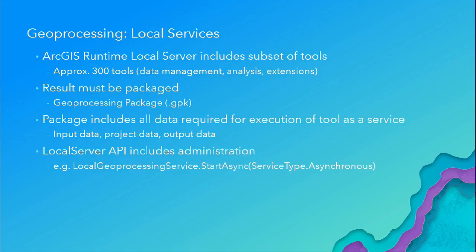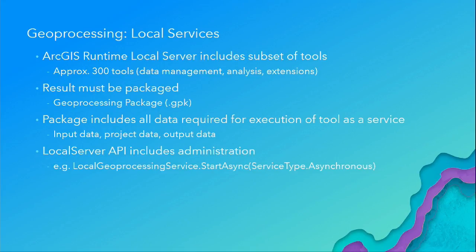In order to create a service that's going to run within the local server, you need to package the result. So once you've run the processing within ArcMap, you get a geoprocessing result. You package that as a geoprocessing package, so it takes that input data, the project data, the output data, packages it together into a GPK file, and then you can deploy that with your application or provision it to your device somehow and then run that via the ArcGIS Runtime API.